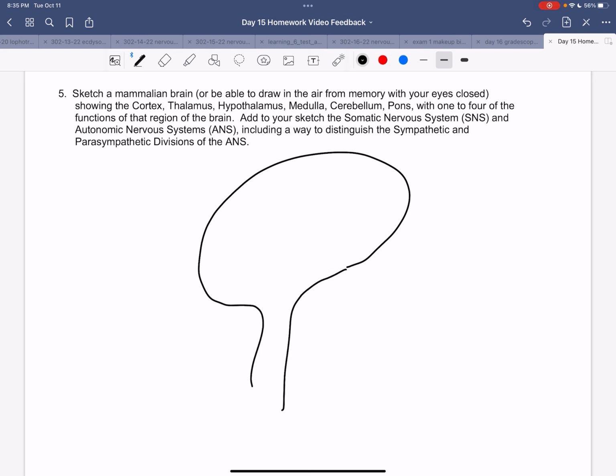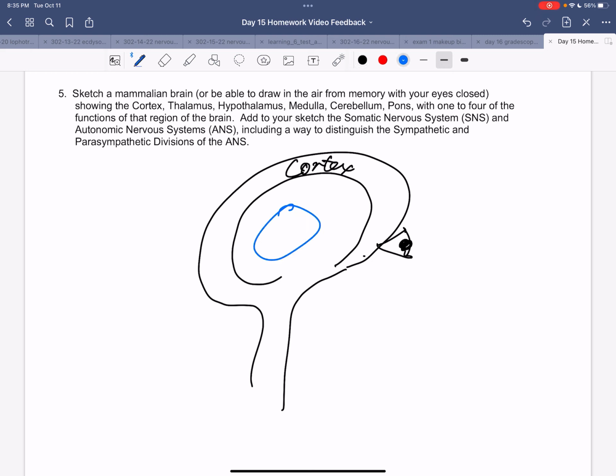and a spinal cord. If you want to figure out where the eyes are, here are the eyes. So cortex is this outer region. Should actually be bigger, but I'm not going to worry too much about all that.